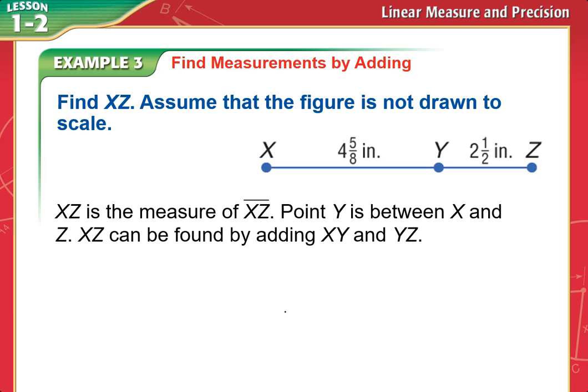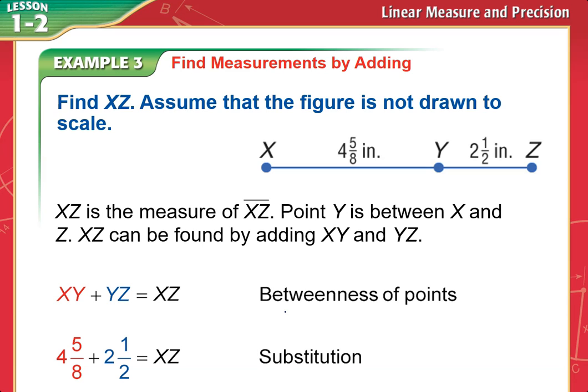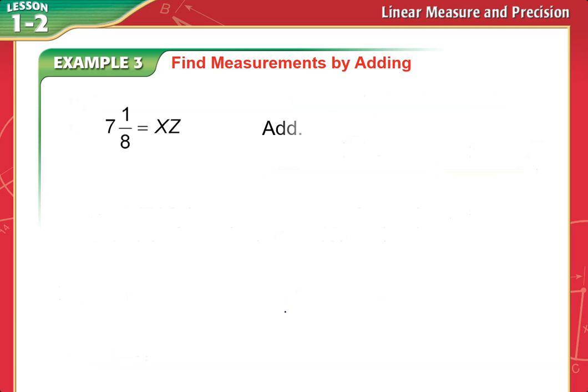XZ is the measure of line segment XZ, and point Y is between X and Z. Therefore, XZ can be found by adding XY and YZ. Using substitution, we have an answer of 7 1/8 inches long.